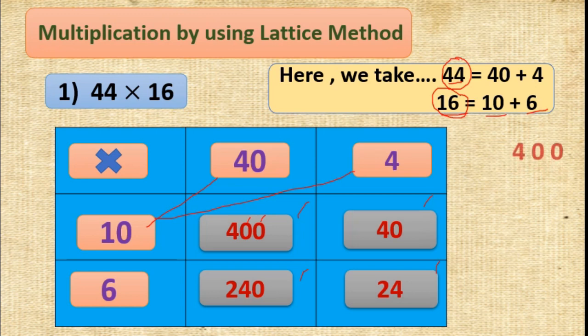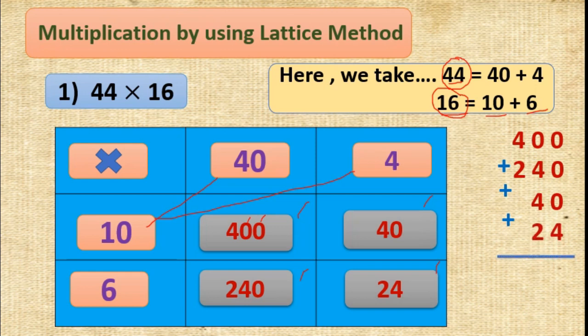In the vertical form, we will write 400 plus 240. Okay, because they are 3-digit numbers. So I have written one below the other. Then 40 plus 24. Now we will add this. Here in the unit place 4, correct?